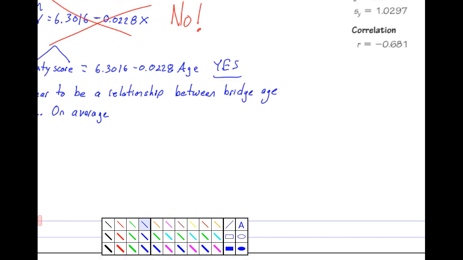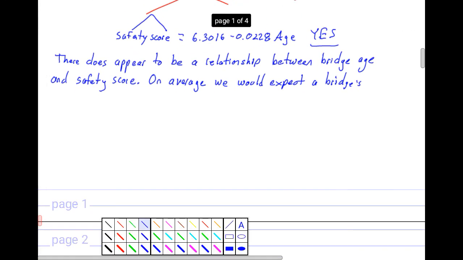Okay, on average, we would expect a bridge's safety rating to, remember this is rise over run, so we're talking about it going up or going down. It's negative, so it's going down.